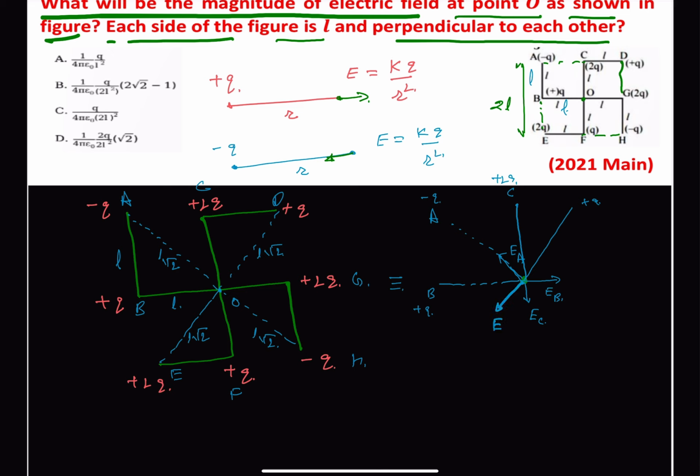So this point is our D. Then it is our E, so E is somewhere here, and it is plus 2q, so this will be our EE. Similarly, we can write for our F is positive, so it is going to have the other direction, that is our EF.